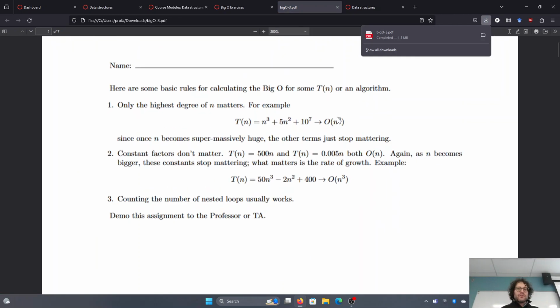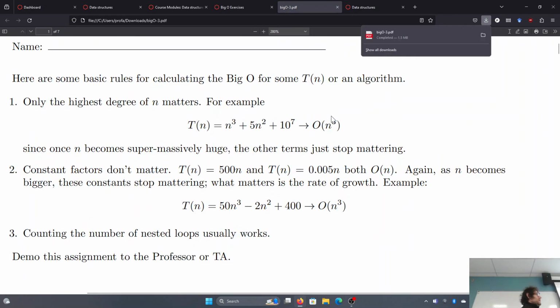So, big O notation will be covered hopefully in more detail in 2166. I have to teach enough of it so that you can use it in my class without spending the time that you will spend in 2166 if you are a computer science or data science major.